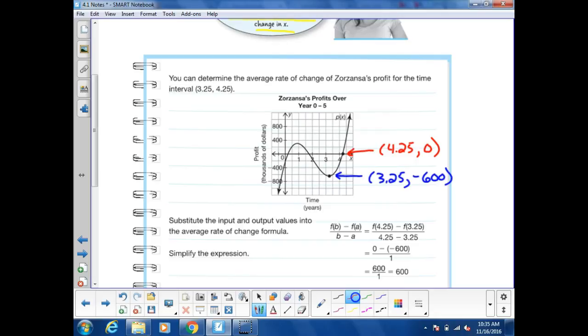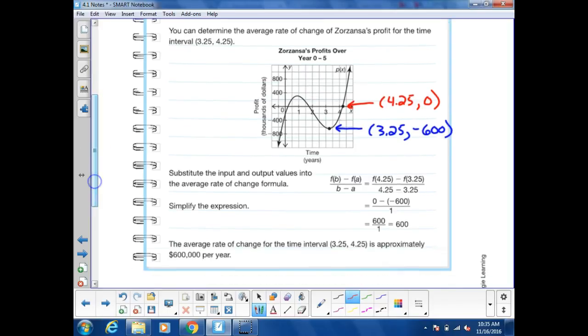They took the y's here, they went 0 minus negative 600, all over, and here I wish they would have put 4.25 minus 3.25, which is 1.